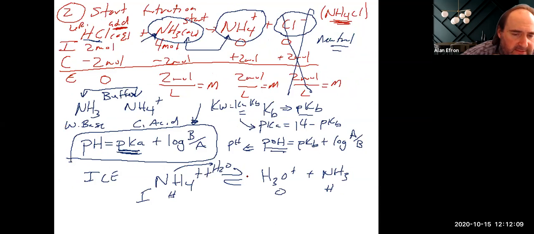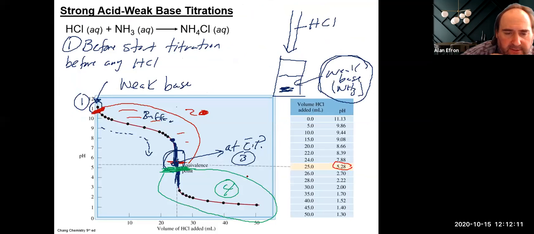And that's what we see when we look at our titration curve here. When we go past the equivalence point, because we're just dumping that acid in, we get a sudden rush of H plus, and that's what causes that big drop in pH. At some point, it levels out.